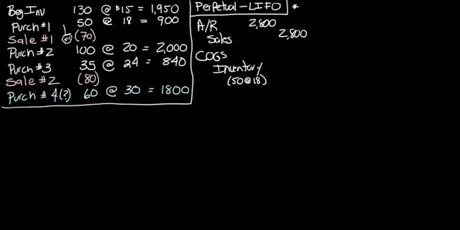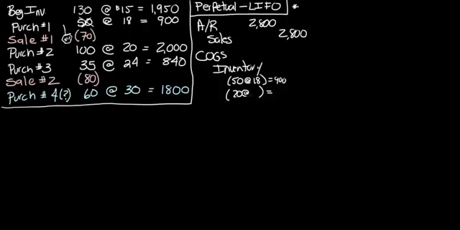But that doesn't get me there. I need 70. So I'm going to actually end up wiping out this entire LIFO layer. I'm then going to sell another 20 units at $15 a piece. Sorry, I said $20 at first, but that was not $20 a piece, that is $15 a piece.